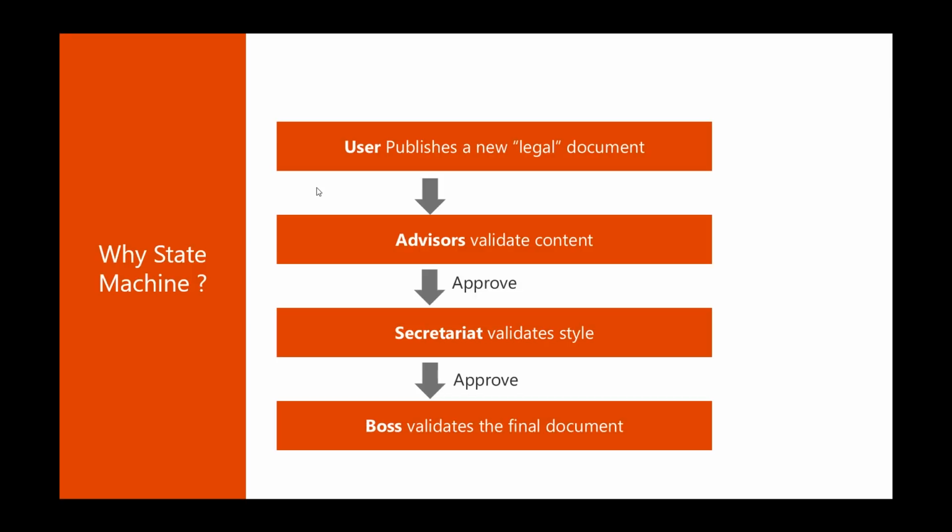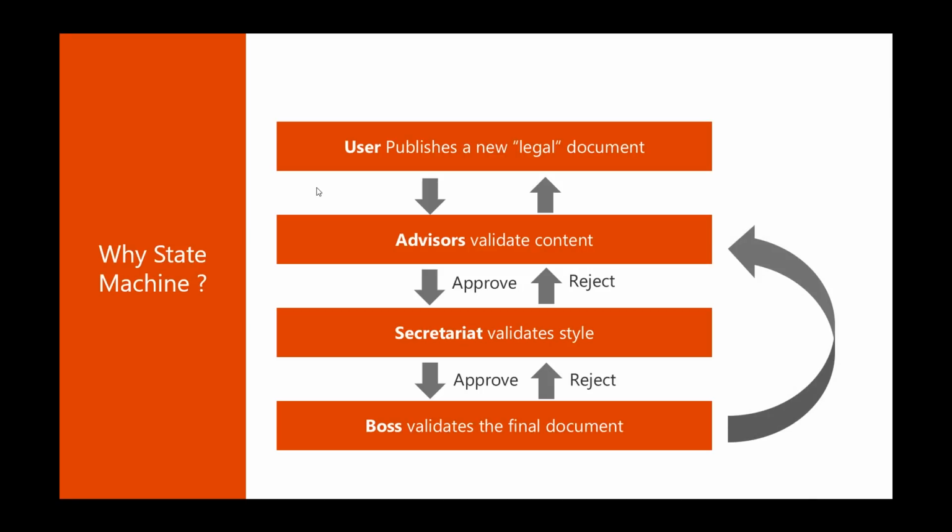And of course, these people might not validate it, so they might reject it. So the boss can reject, secretariat can reject, advisor can reject. So that means you need to go back to the previous situation. And that's something which is not easy to implement in Flow, because the boss can also redirect to any other state, like advisor, for instance, or to secretariat, right?